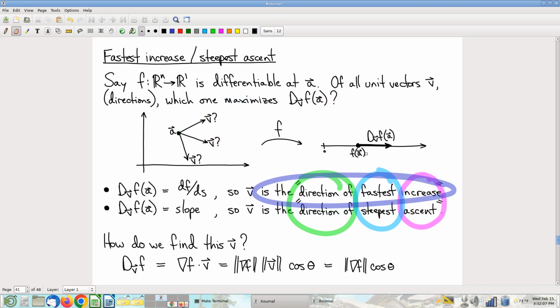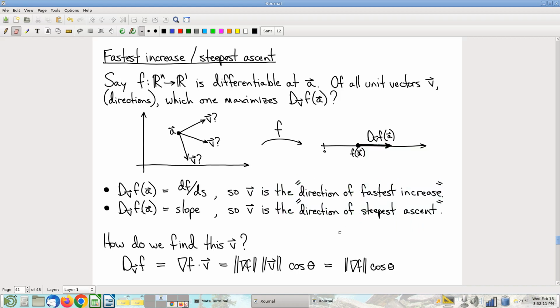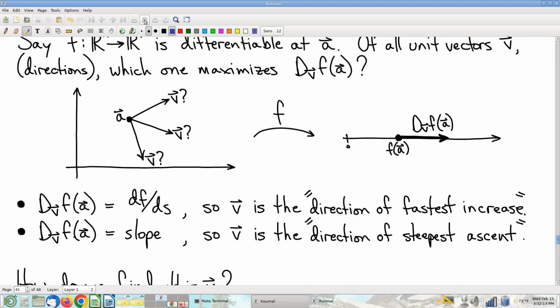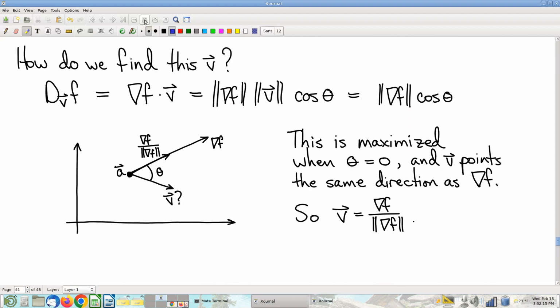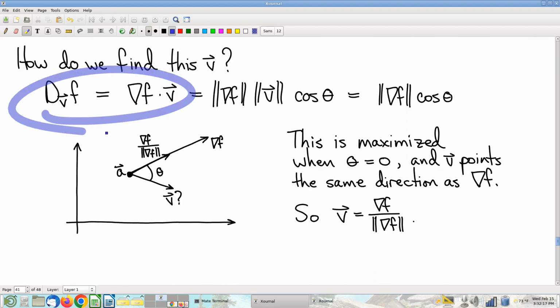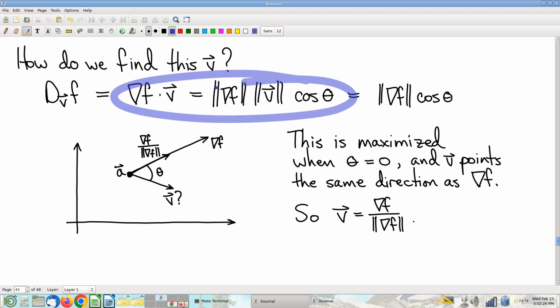Okay, so now let's get around to answering the question. We want to make our directional derivative as big as possible, and conveniently, we have a formula for it: the dot product with the gradient. This is what I want to maximize. Here's how we compute dot products: product of the magnitudes times the cosine of the angle, that being the angle between the two vectors.